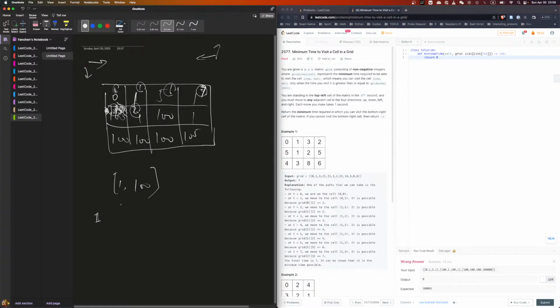Okay, we get 1 and we push 1 in. Right? I mean initially we, what do we put? Can go to this or go to this. We should put the minimum time that needs to reach it. Minimum time.